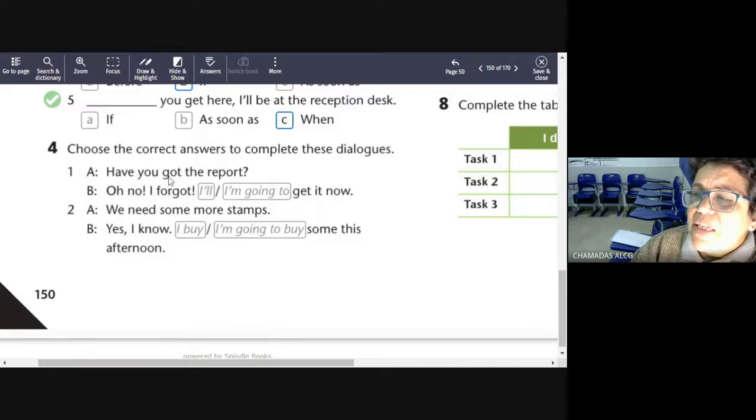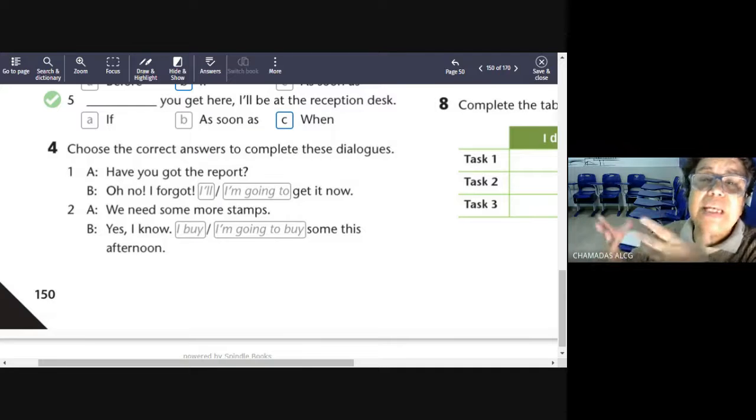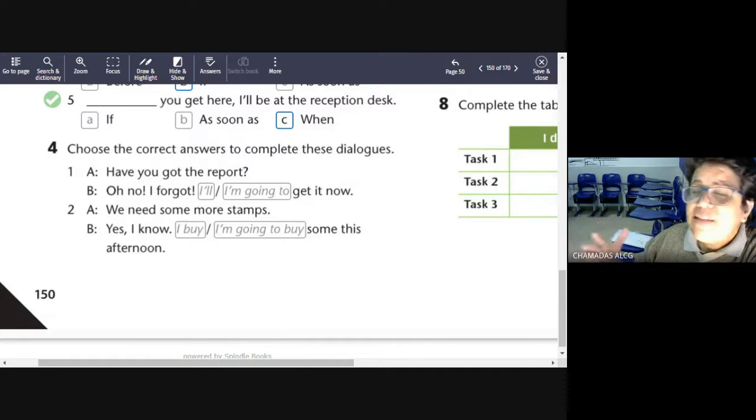Look, the person asked you for the report, and then you say, oh no, I forgot. So the situation is happening now. It's a situation that you're making a decision to go and get it right now at the moment of speaking. So the best one here is I will or I'll get it now. Okay? Do you understand?